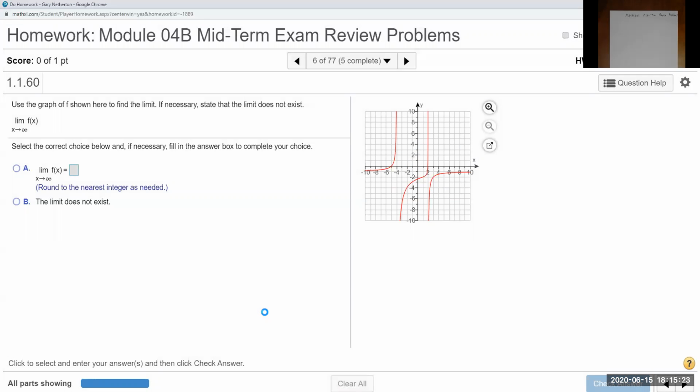All right. Another graph. However, this one's different now. All the problems up until now, you notice the limit has been x approaching a number, 2 or 5 or -2. For this one, we have the graph of a function, and they're saying what happens as x approaches infinity. So let's look at this graph.